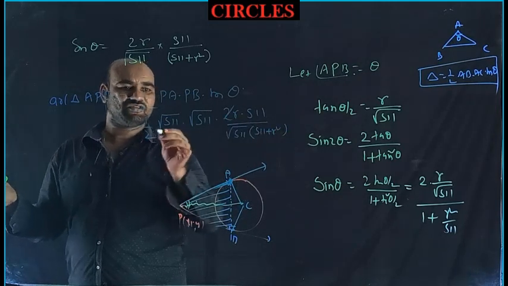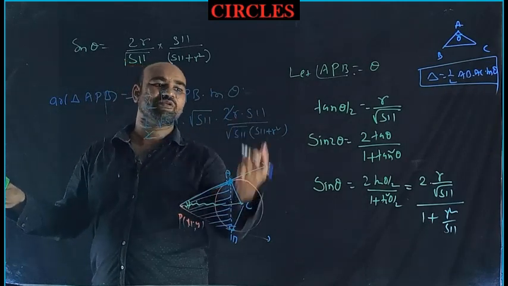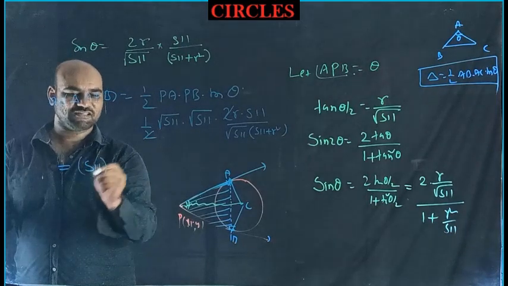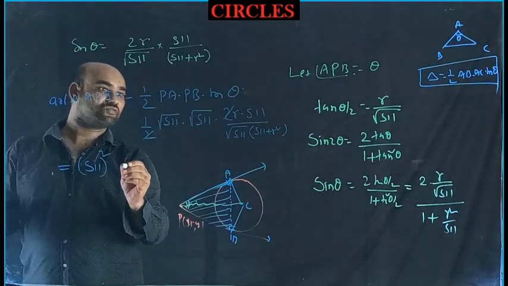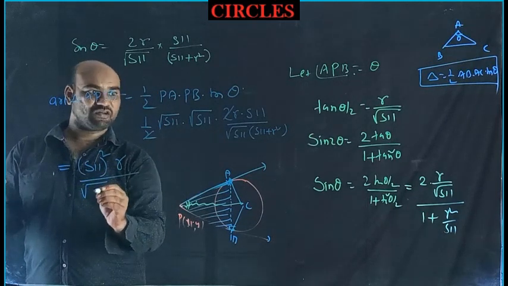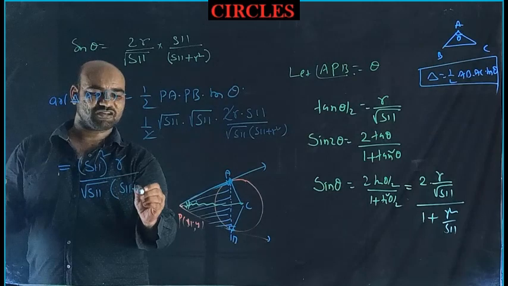So these two get cancelled. Root over S11 square is S11, so I will write here S11 square into R by root over S11 into S11 plus R square.